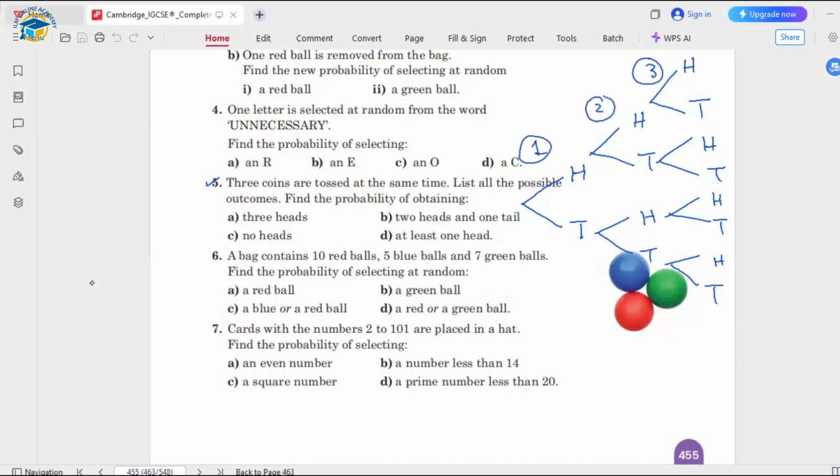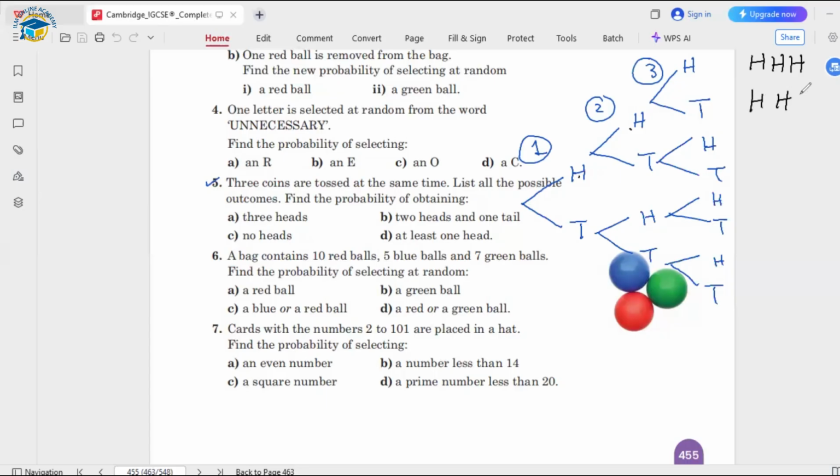Now we will draw the possible outcomes. This is just a tree diagram that is going to help us find the possible outcomes. So after that, you can just pick up how many possible outcomes are there. First possible outcome is head, head, head. Next is head, head, tail.